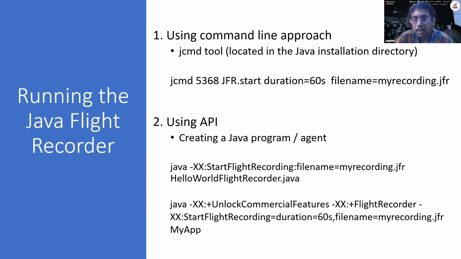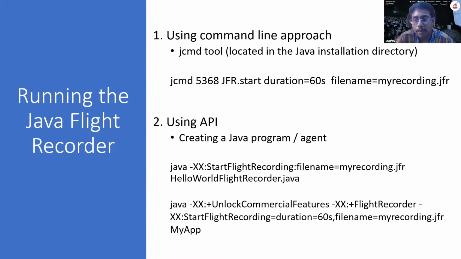In order to unlock the feature, you need to provide an option saying unlock commercial features, and then specify the same kind of information that you provided in the above command, where you specify the duration, in this case again 60 seconds, and the file name. The difference in this approach is that using the Java Flight Recorder API, you can create your own programs, and you can use the API to even do the recording.